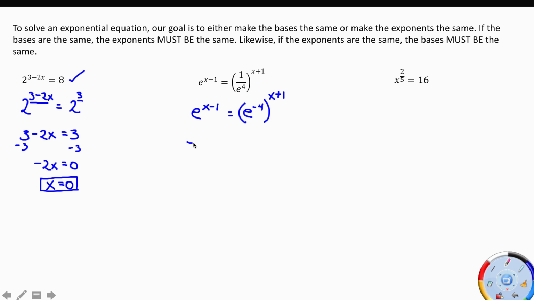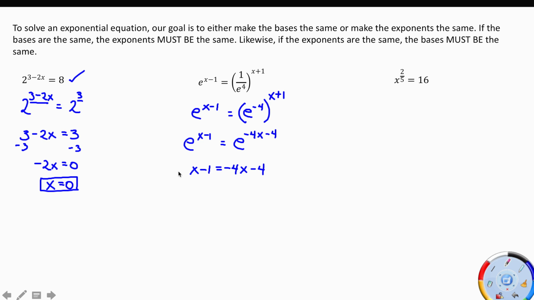Okay, now because of my rules for exponents, I know if I have an exponent raised to an exponent, I can multiply. So that's negative 4x minus 4. And now that I have my bases the same, the only way that can happen is if the exponents are also the same. So x minus 1 must be equal to negative 4x minus 4.